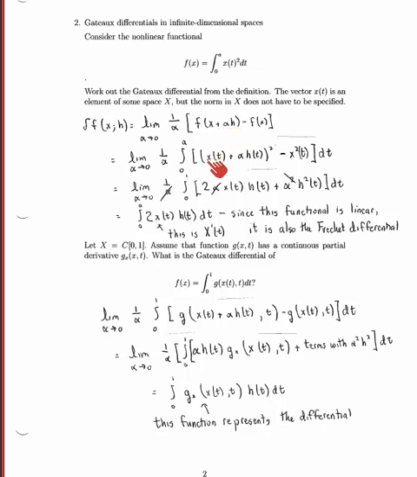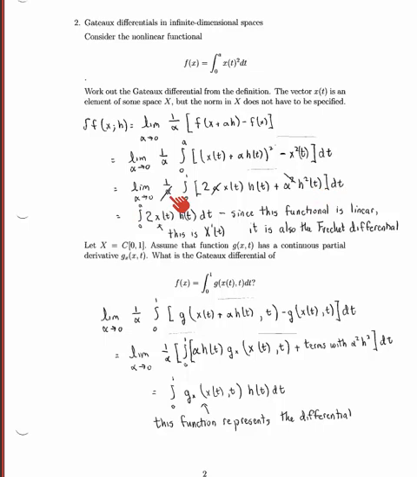Well, let's plug in the squaring function for f of x plus alpha h, plug in the squaring function for f of x, expand this. The terms in x squared are going to cancel out. What we've got left is the cross term 2 alpha times x of t times h of t, plus another term alpha squared h squared of t. We have to sum those, integrate over t from 0 to 1.